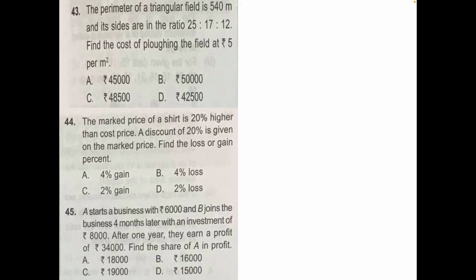Question number 44. The marked price of a shirt is 20% higher than the cost price. A discount of 20% is given on the marked price. Find the loss or gain percent.